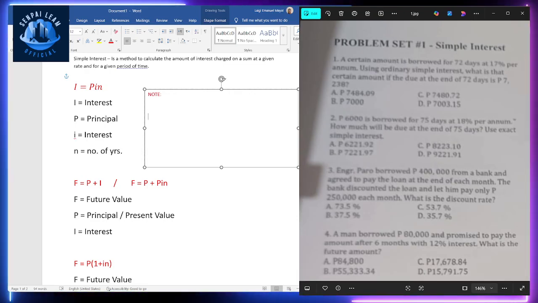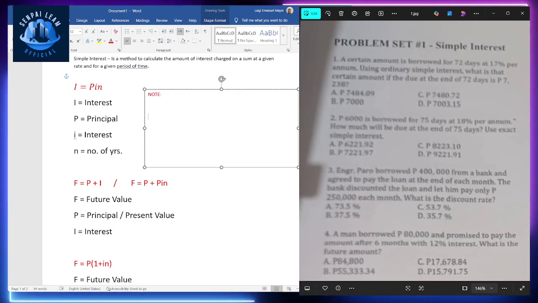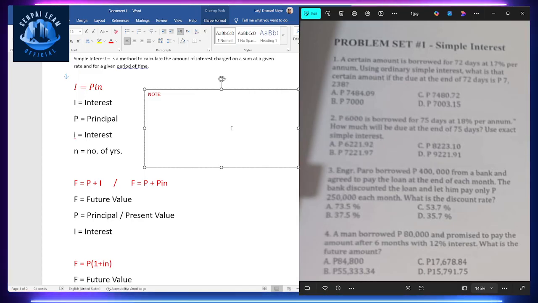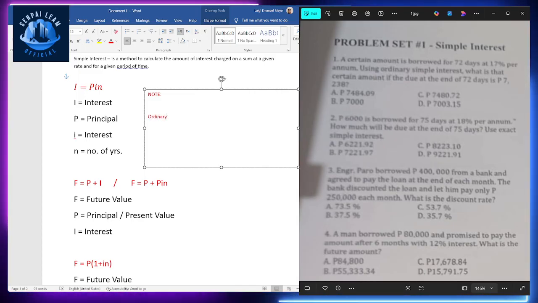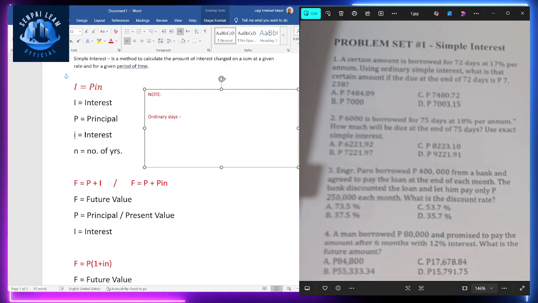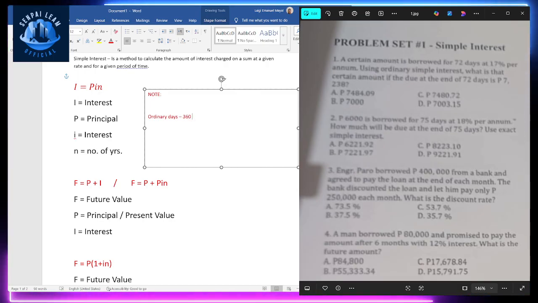If the problem is silent, meaning ordinary days, it is 360 days.